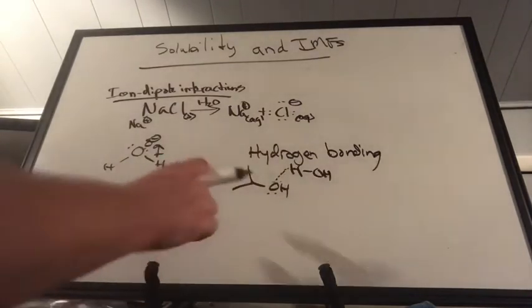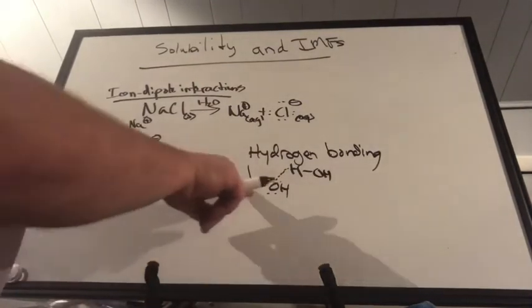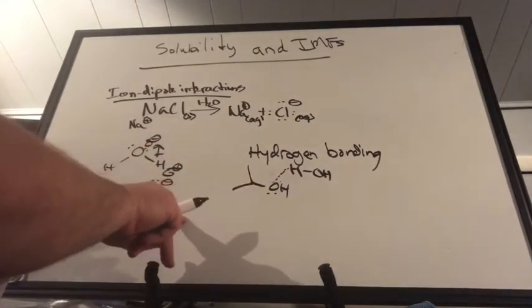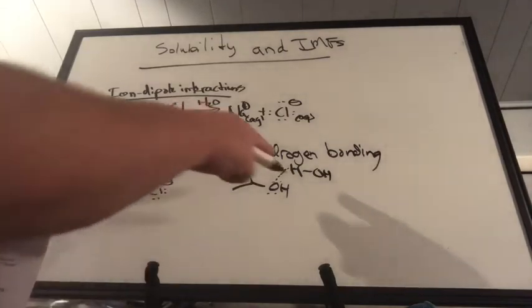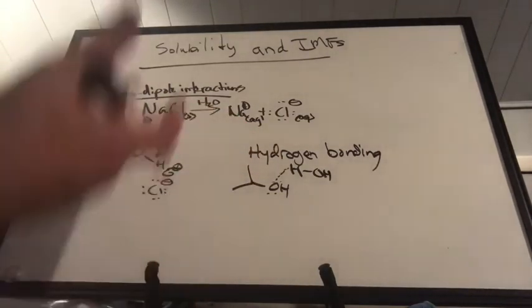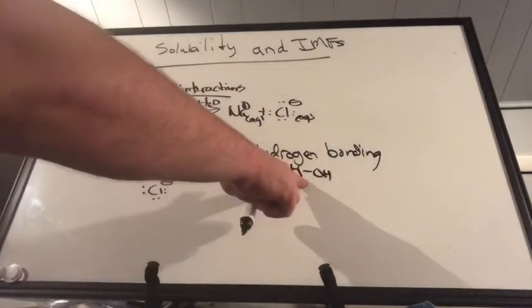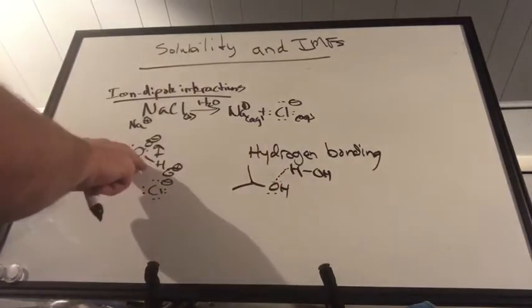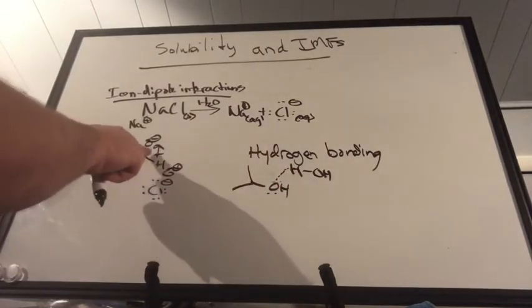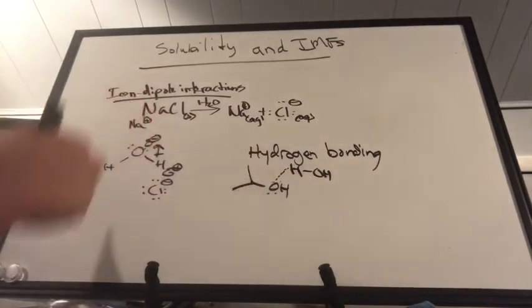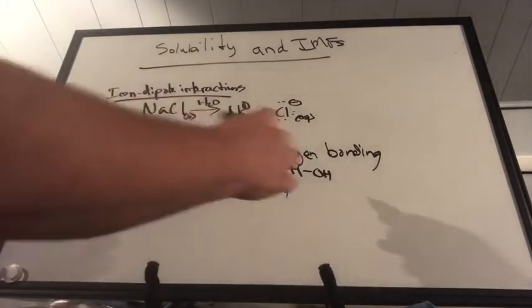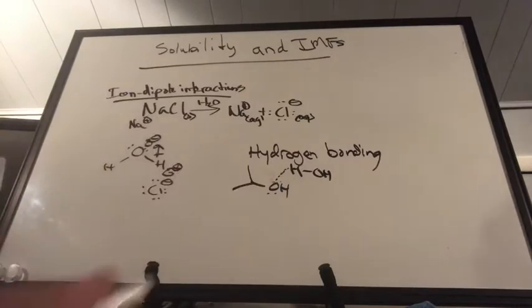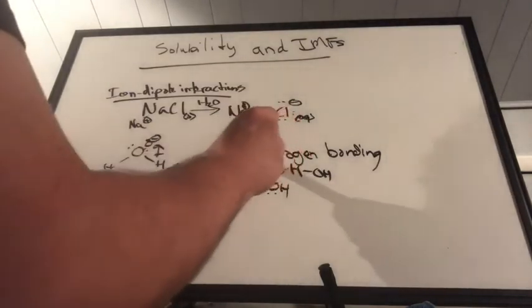Now, if you lengthen the chain of this hydrocarbon here, you're no longer going to be as soluble in water. Why? Well, water likes to fix itself in this sort of matrix, right? Because you have these lone pairs that are keeping everything spaced out, and they're interacting with one another at the same time with hydrogen bonding as well.